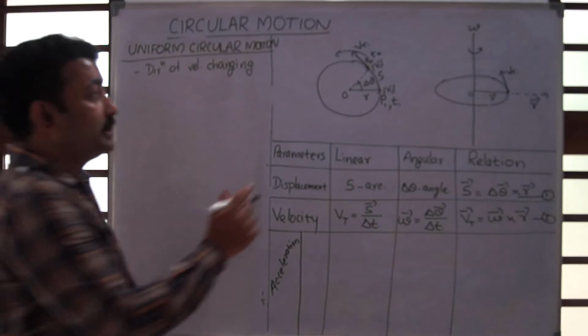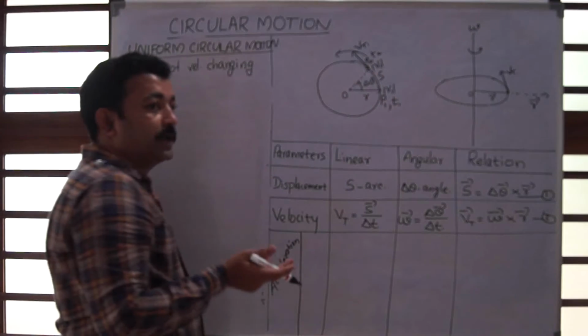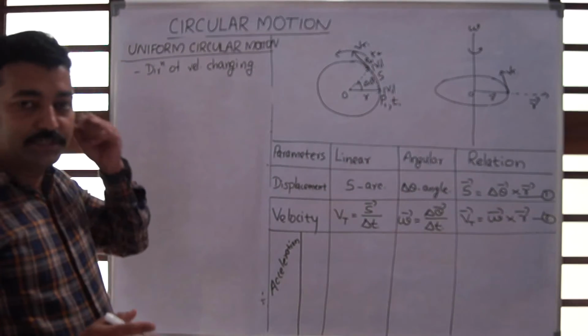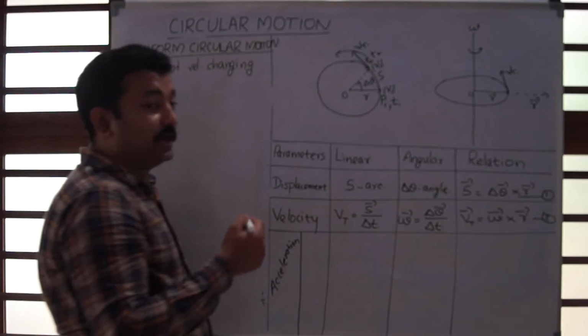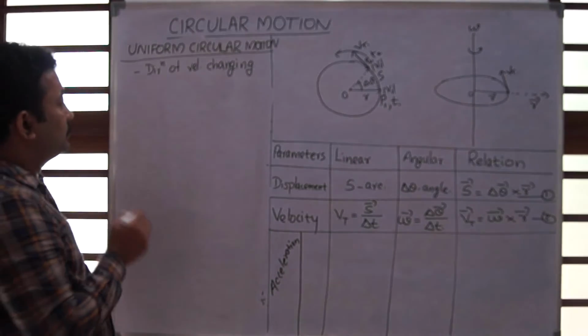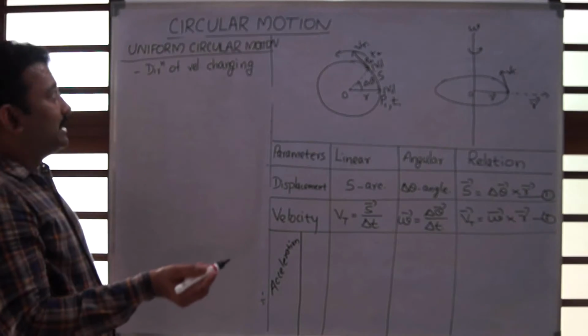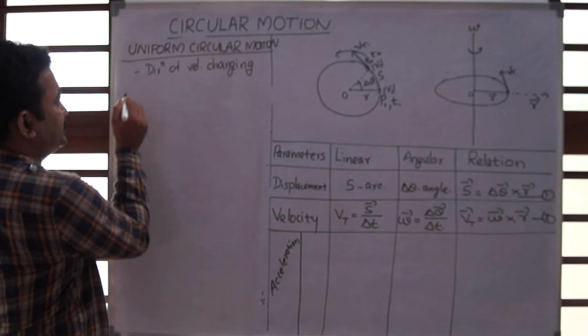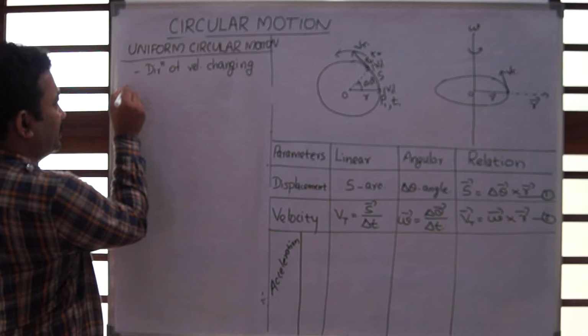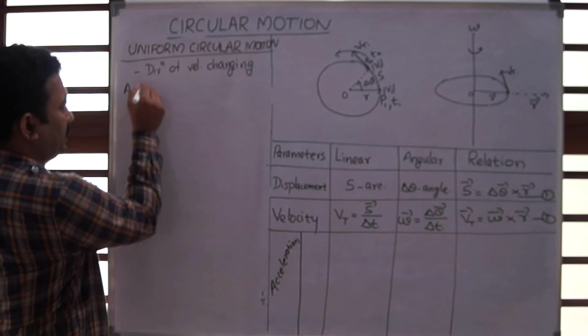But what happens when the particle moves from p1 to p2? Its direction is continuously changing, because at different points on a circle the tangent has different directions. So let us try to analyze that acceleration. When the direction of velocity is changing, we get an acceleration for the particle.